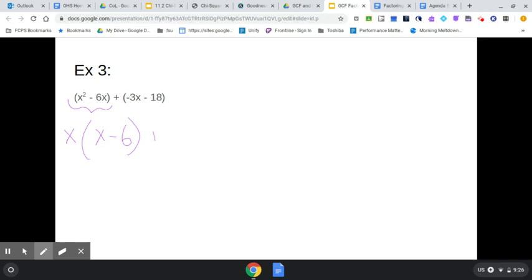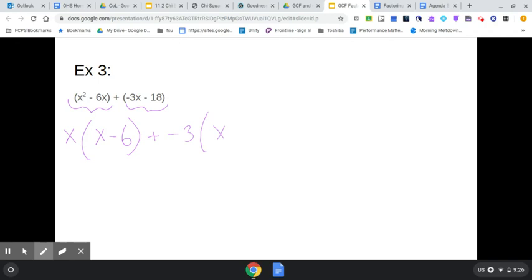Okay, plus sign in between. The second set of terms. Notice both of those numbers are negative. So I'm going to factor out a negative 3 because negative 3 will divide into both of those numbers. If we factor out a negative 3, negative 3 times what will make negative 3x? Well, negative 3 times x will make negative 3x.